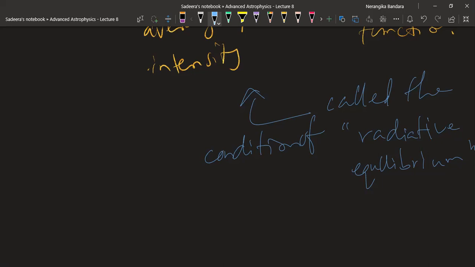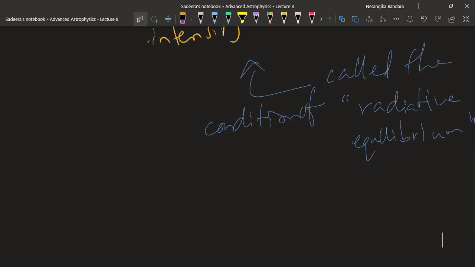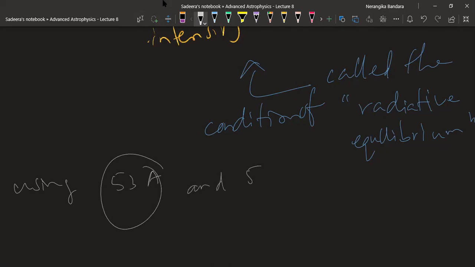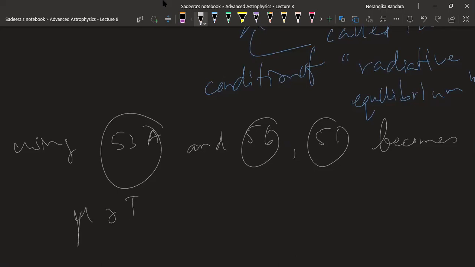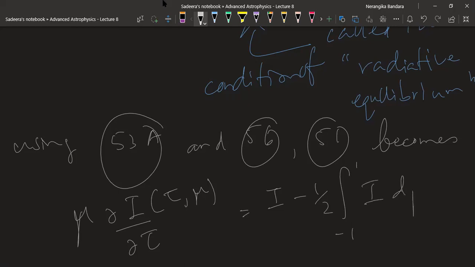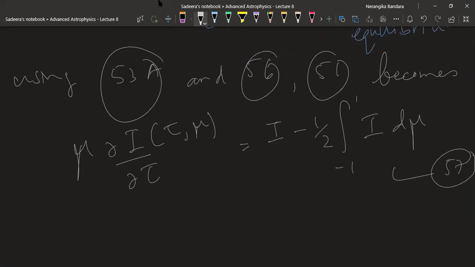Right, so we're going to go further in our algebra using equations 53a and 53d. Equation 51 becomes mu dI(tau, mu)/dtau equals I minus S. My advice is that you should not just skip these steps of algebra.